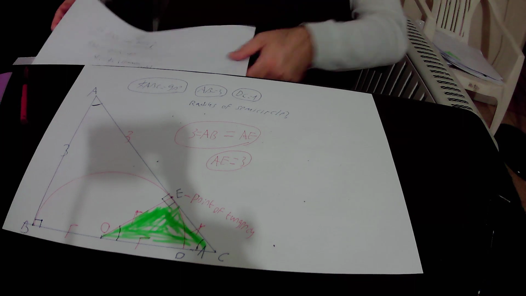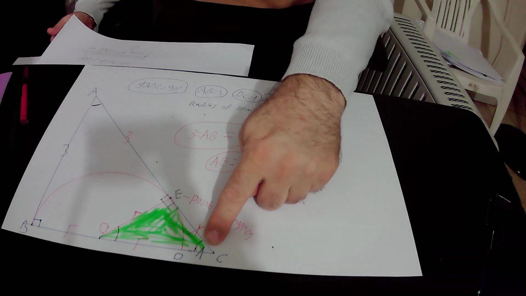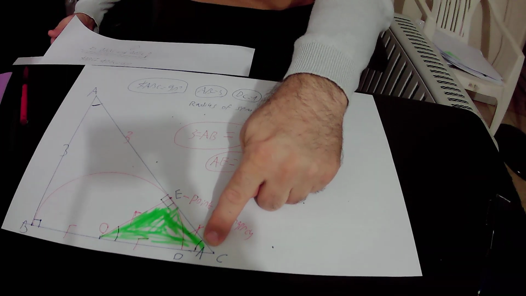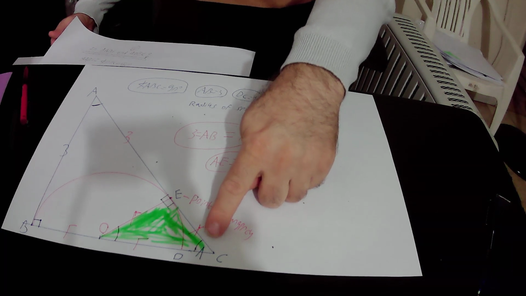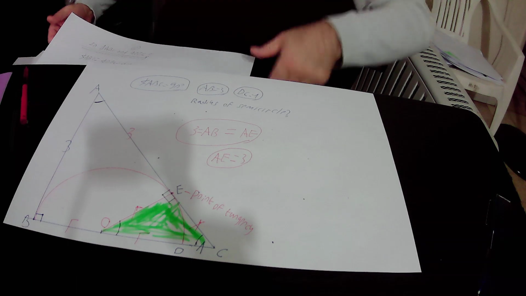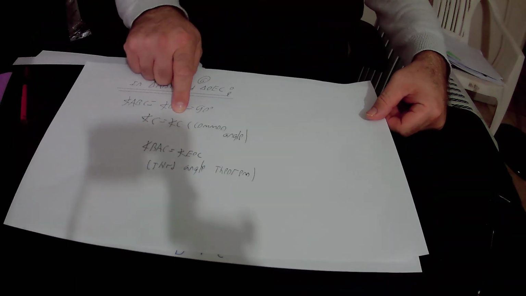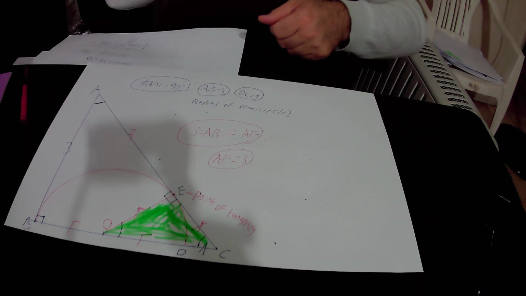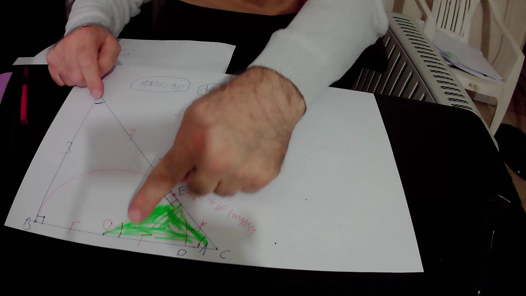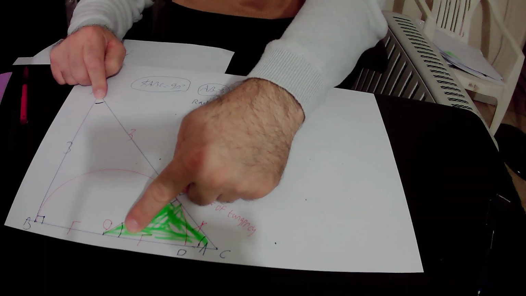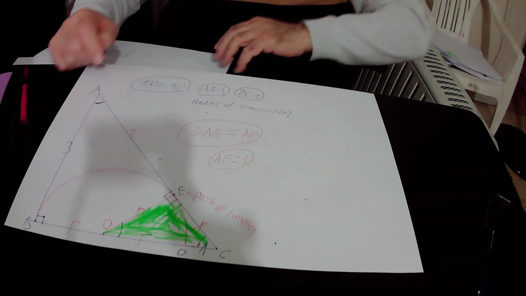We also know that this angle is a common angle, it belongs to both the big triangle, triangle ABC, and the green triangle, triangle OEC. Therefore angle C equals angle C, a common angle that belongs to both triangles, and we proved that those two angles are equal to each other according to the third angle theorem.